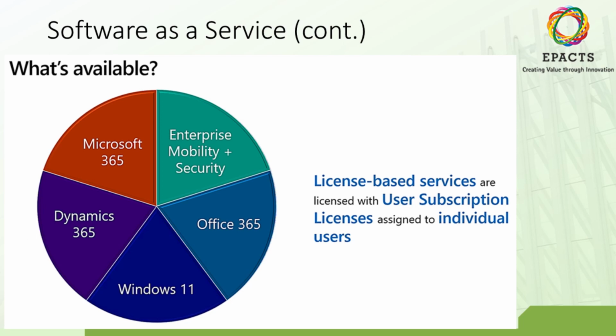You have your enterprise-level collaboration and communication services like Microsoft Teams. What we're using just now is exactly from Office 365 services. Then you have your security and endpoint management, which comes under the EMS flag. Windows 11, Office 365, and EMS are all part of your Microsoft 365. These three can be bought separately or collectively as part of Microsoft 365.